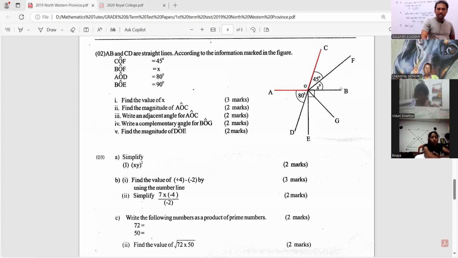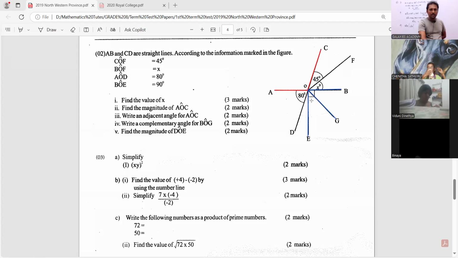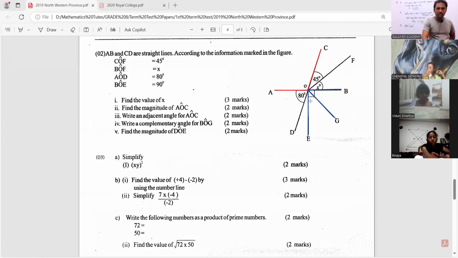Now what is the complementary of BOG, this angle? This one, GOE. So the fourth part answer is GOE angle.